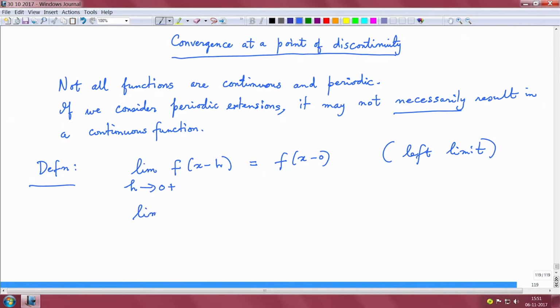Similarly, we have limit h tending to 0 plus f of x plus h is f of x plus 0. This is the right limit. When the function is continuous, the left and the right limits must be the same, and it has to evaluate to the function at that particular point. But it may not be the case, but we will see the importance of these left and right limits.